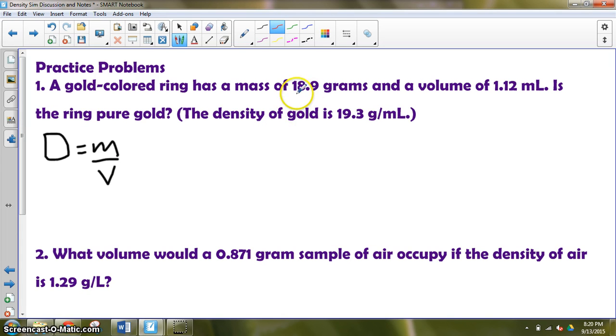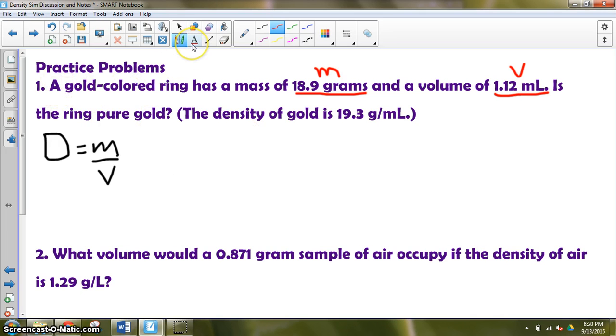So right here we see 18.9 grams. Grams is a measurement of mass. I can label that the mass. Here we're told we have a volume of 1.12 milliliters. That's my volume. And we have to solve for density.